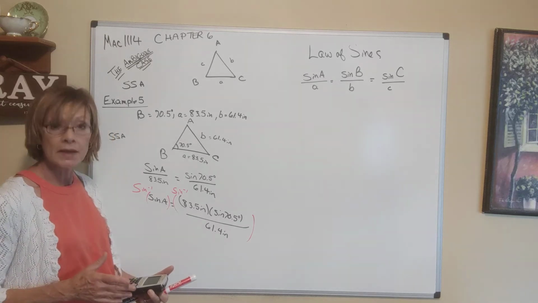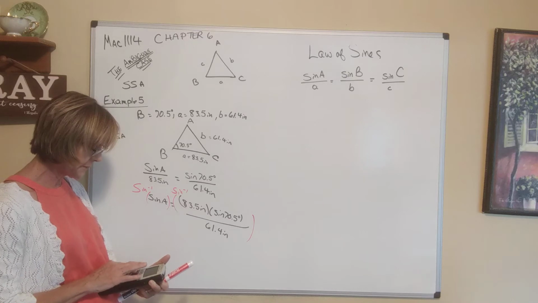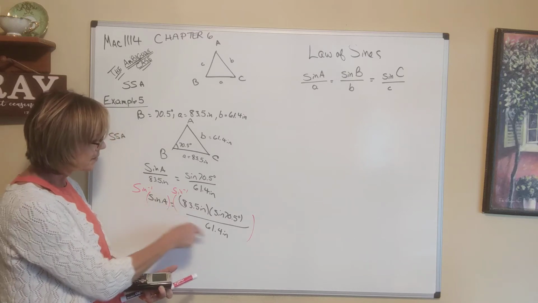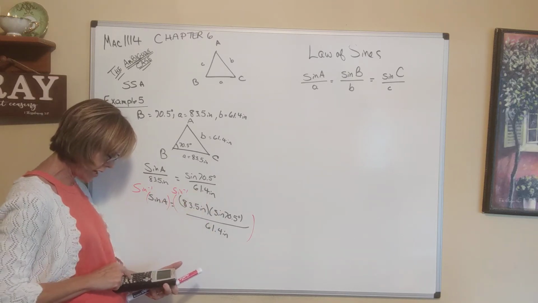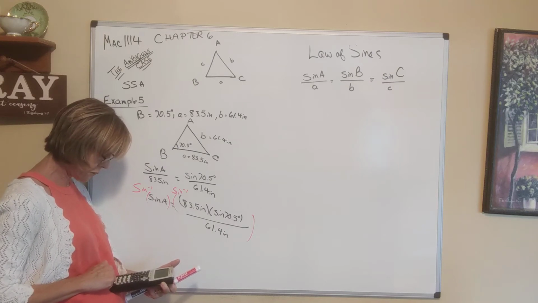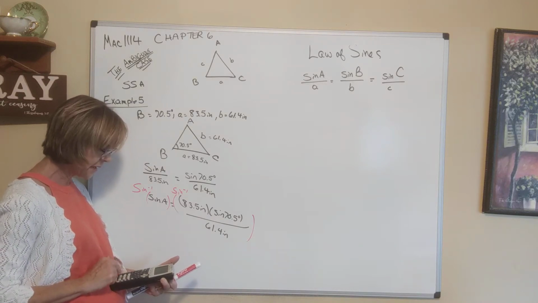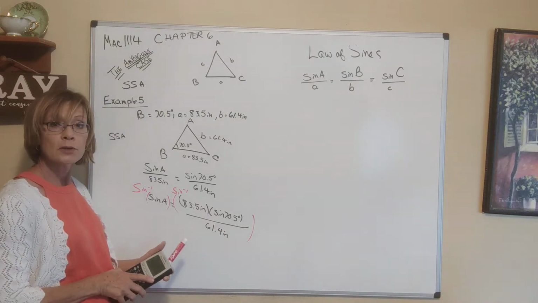I'll hit enter, and it gives me error. So I go back and ask, did I type that in right? Let's see here. What is this value before I take the sine inverse? 83.5 times the sine of 70.5 divided by 61.4 gives me 1.28.